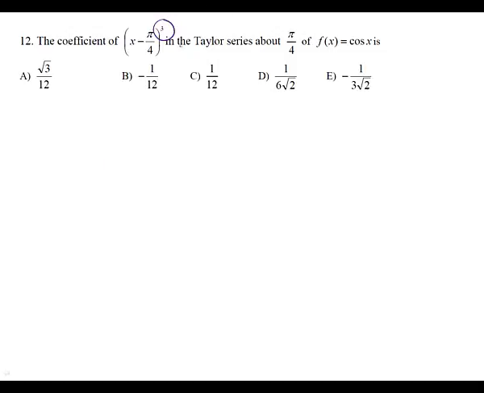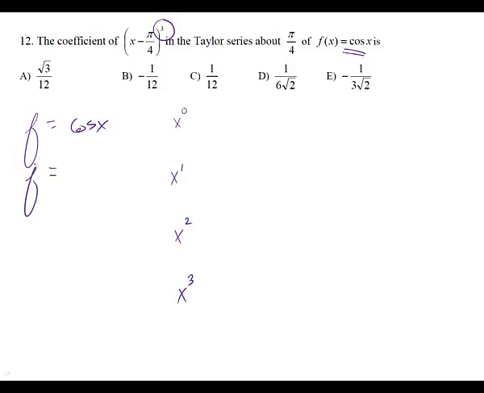We know it's a Taylor series centered about x equals pi over 4. So I'm going to keep taking derivatives until I get a power of 3 on my x. My original is cosine x, which would be the x to the 0 term, and I know it's x minus pi over 4 to the 0, but I'm being really lazy about this. So I need to get down to the cubed one.